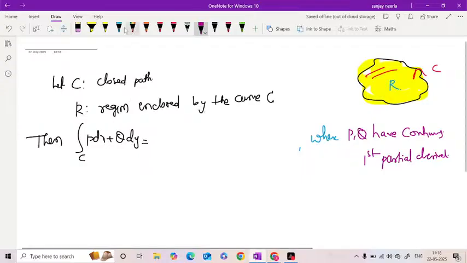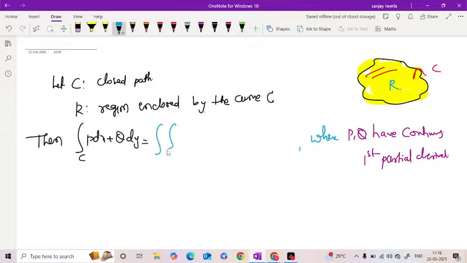It is equal to the double integral of dou Q by dou x minus dou P by dou y, into dx into dy.